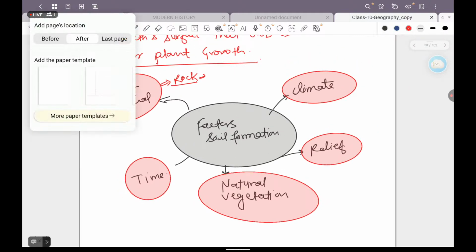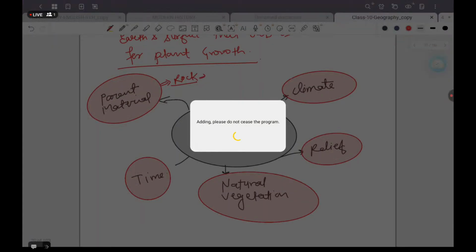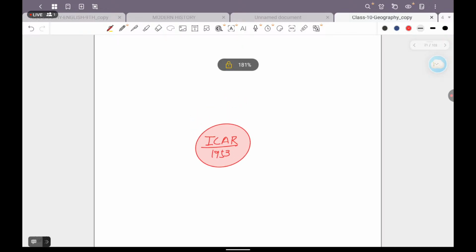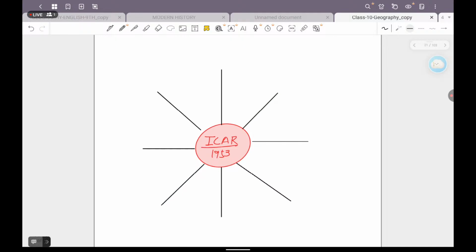If we talk about its classification, the Indian Council of Agricultural Research formed a committee in 1953, and that committee classified the Indian soil into 8 types. So what are the 8 types of soil of India?